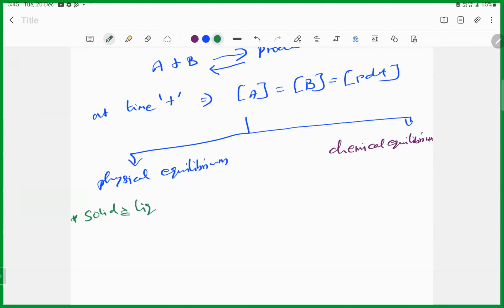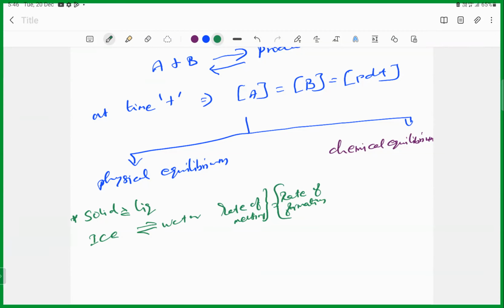The best example is ice cubes and water. That means the rate of melting equals the rate of formation. When the ice melts, it gives water. When the water freezes, you get ice cubes.